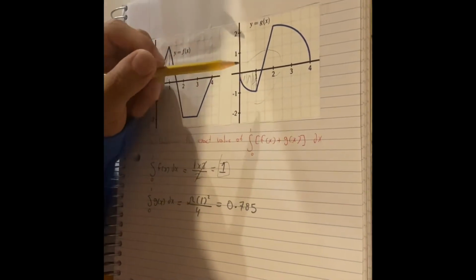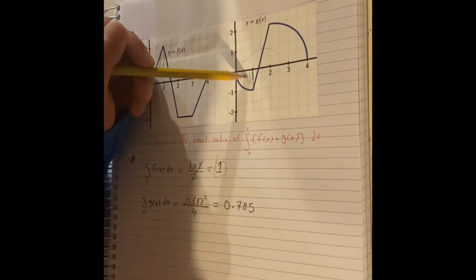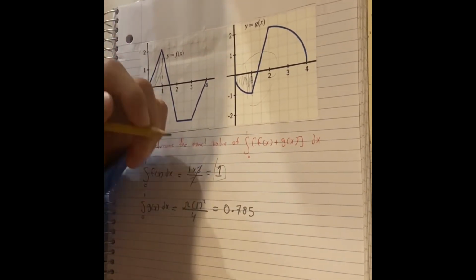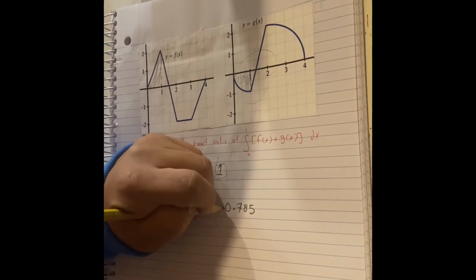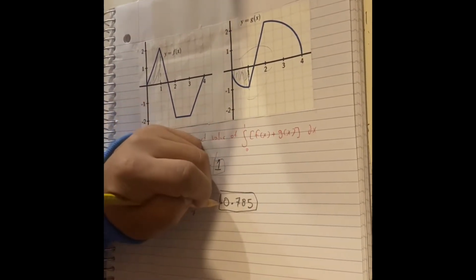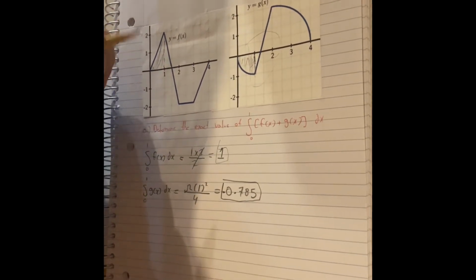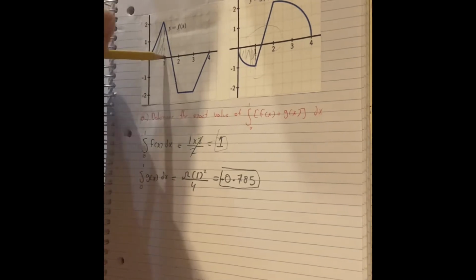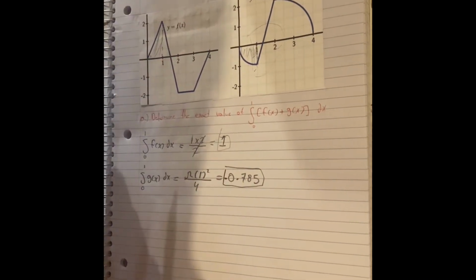Notice that the area of g of x is below the x-axis, which means the area is also gonna be negative. So it's actually gonna be negative 0.785. So now that we have the area of both, we're just gonna add them up.